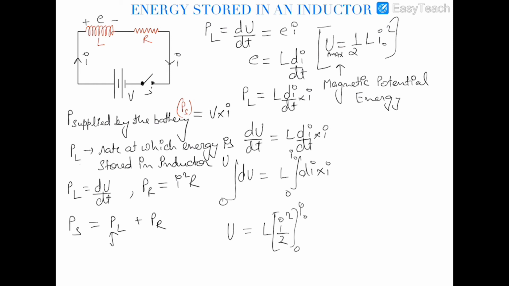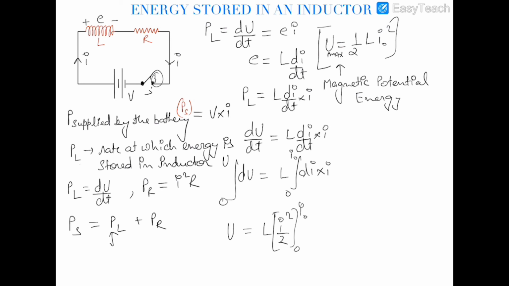That EMF would be seen across this switch, because the complete EMF of this circuit would appear at this switch, and there will be an arc or a spark seen across the switch, because this EMF would ionize the air between the switch, and it would make that air conducting for some time.